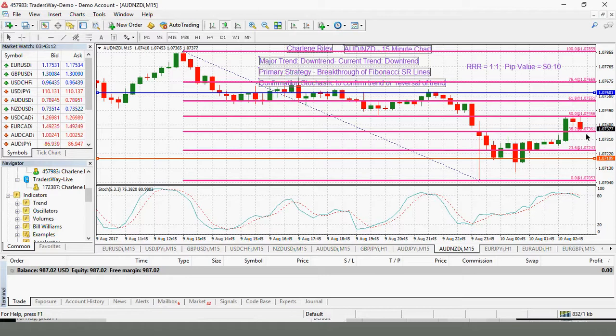And once we have a confirmed breakthrough, I'll be looking to enter into a sell because the stochastic had entered into the overbought condition, and now we've had the signal in the main cross. And that's an indicator of reversal to a downtrend. So that's what I'm looking for, and I'm keeping an eye on the stochastic as it goes down further to provide further confirmation.